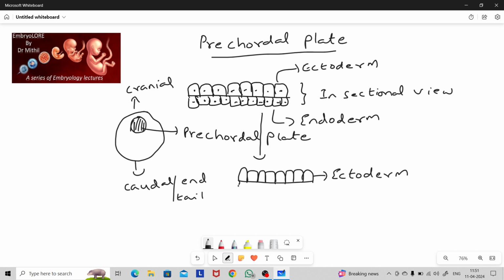Now the endoderm at one side becomes columnar, and that is the area where we will see the formation of the precaudal plate. So now I will label this as the precaudal plate. This is how the precaudal plate is formed. It determines the central axis, as I have said, that is the cranial end and the caudal end.